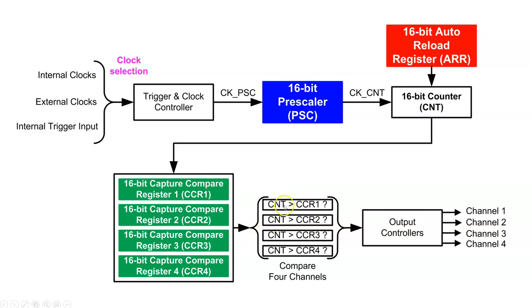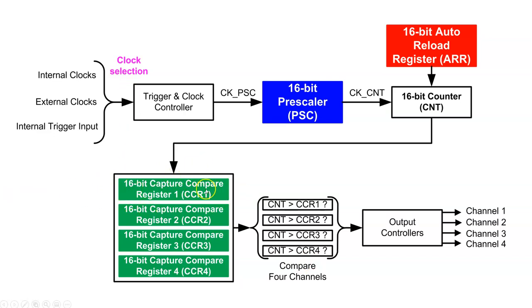So here I say greater than, it can be greater than or equal to. Is count greater than capture compare register 1? Count greater than capture compare register 2, count greater than capture compare register 3, and count greater than capture compare register 4. You could also ask the same questions about whether count is equal to one of these. You get to feed values in here directly from outside when we load the program.